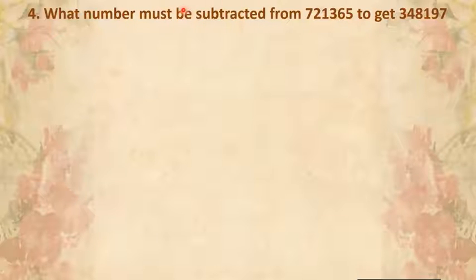Subtrahend you have to find. From this one, this number is called minuend. To get this number is nothing but difference. At the end, what you get? Difference only. So they have given minuend and difference. You have to find subtrahend.